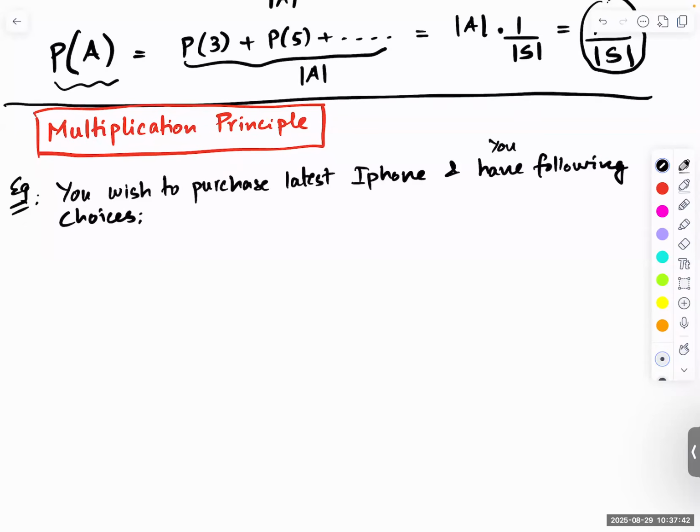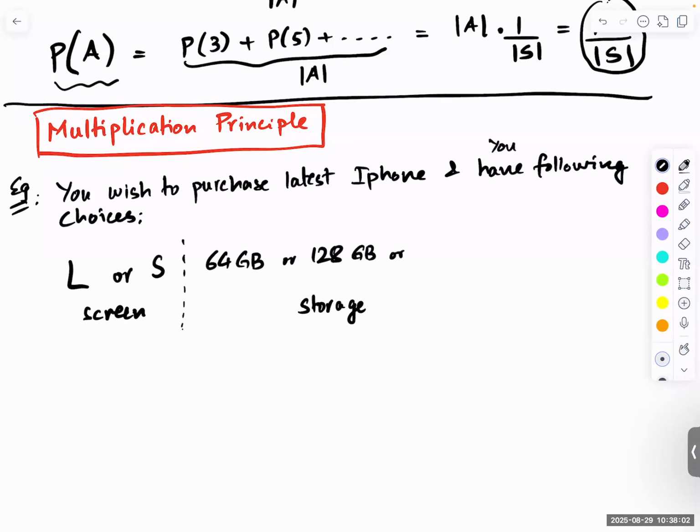For example, you can pick a large or a small screen. You can pick one of these two options. Then you can pick your storage. Say you can pick 64 gigabyte memory or 128 GB or say 256. And then maybe you can pick the color of your phone. So for example, white or blue or red.